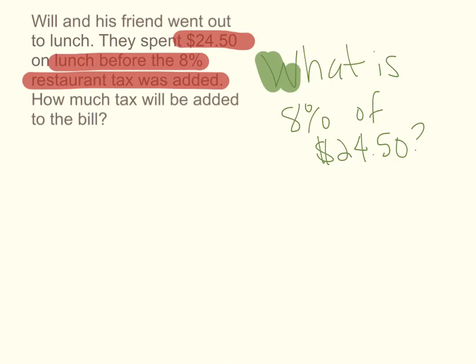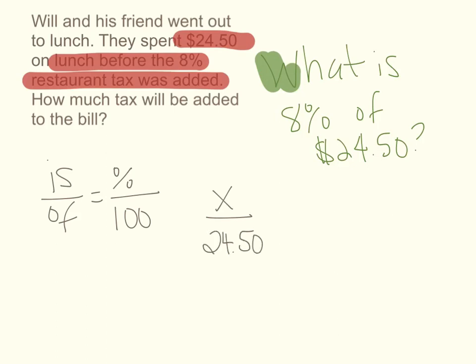So now that I know that I want to find out the answer for what is 8% of $24.50, I can easily set up my proportion, is over of equals percent out of 100, meaning I don't know what that amount is, but Will and his friend spent $24.50 at lunch, and they need to pay an 8% tax. Once we have this set up, we should be able to do the same process of cross multiplication and division.